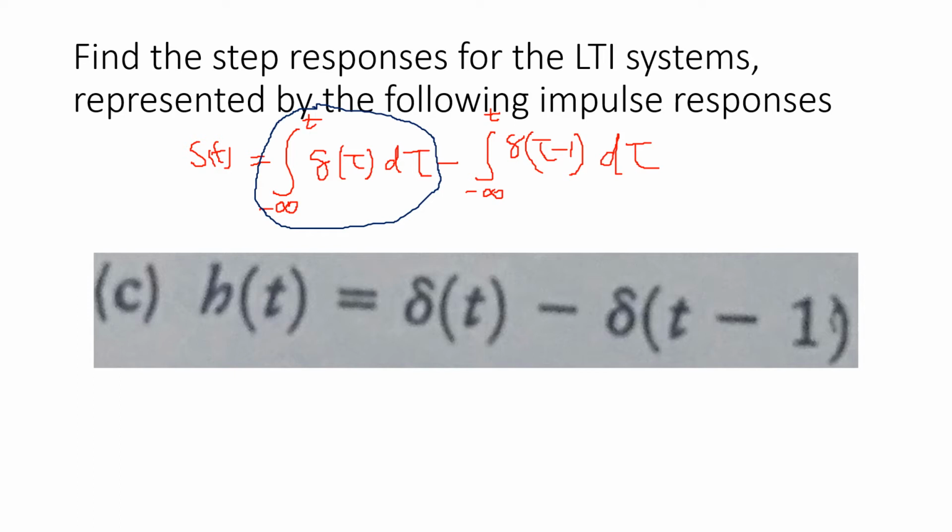So similar arguments apply here, which means this is equal to u(t) minus the 1 unit shifted u(t), so u(t) minus u(t minus 1).